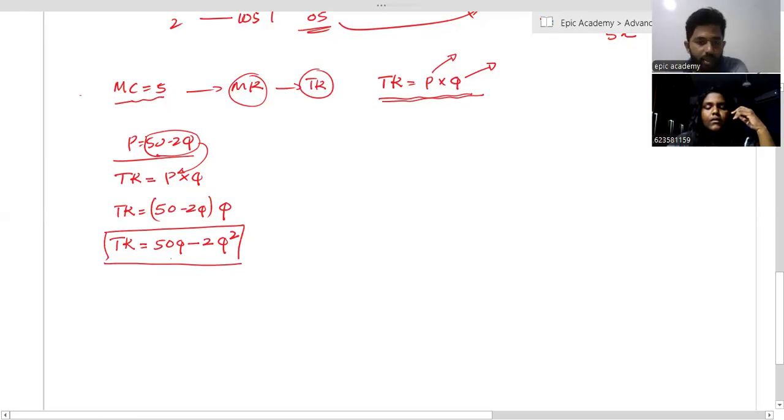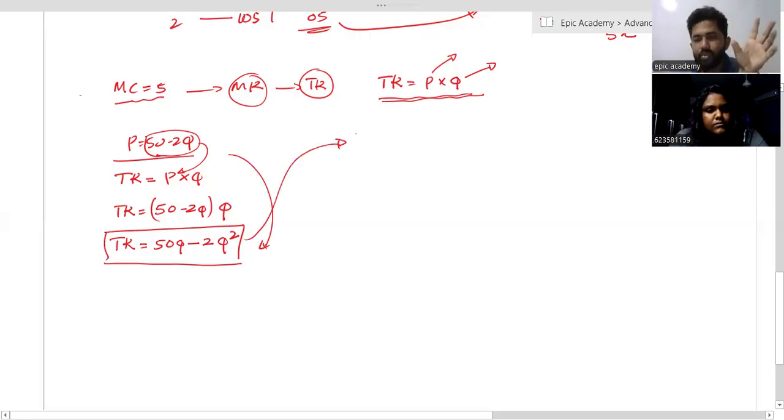Nothing to worry about in this step, it's very simple. The equation is multiplied by Q, so you got the TR equation. Then, if you differentiate any equation by Q, you got the marginal value.